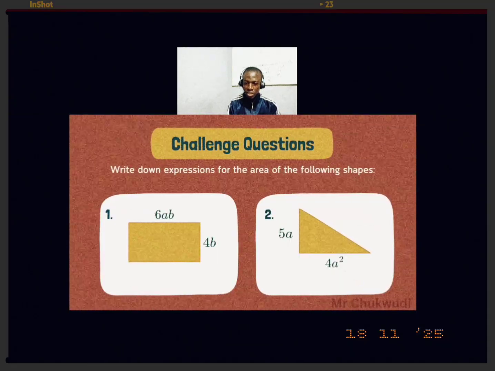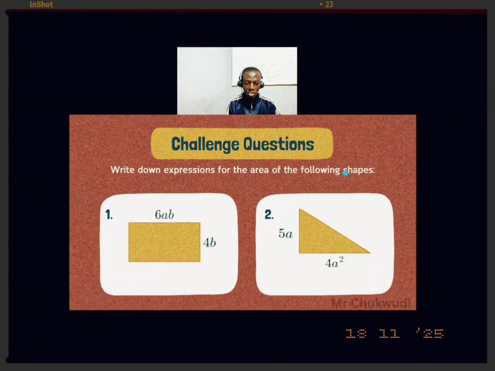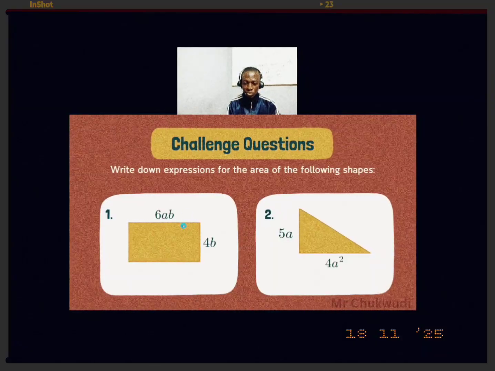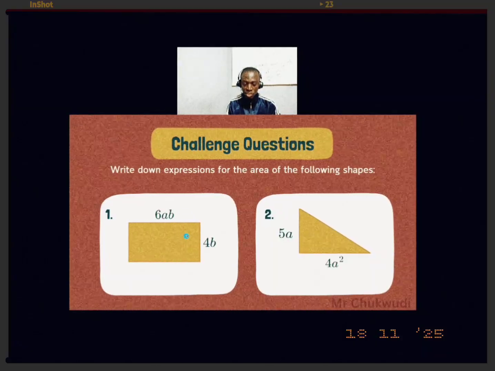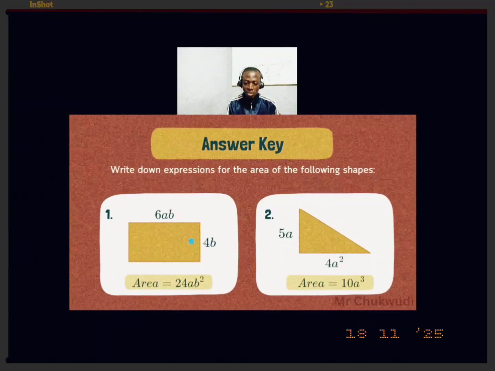So let's look at this. Write down expression for the area of the following shapes. The first thing you are expected to know here is the formula used in calculating the area of this shape.